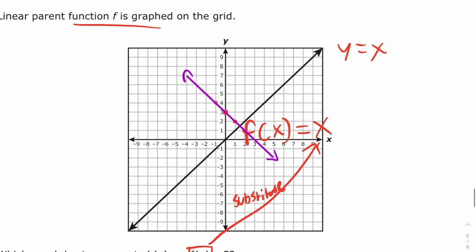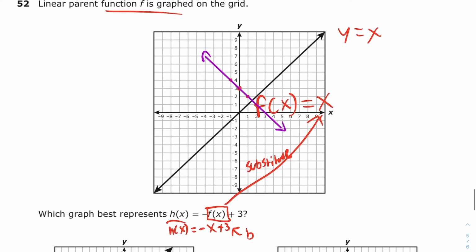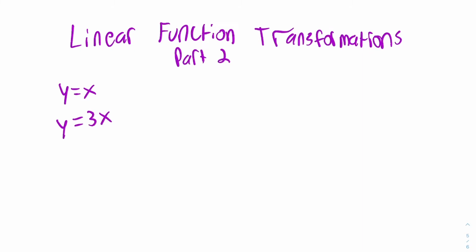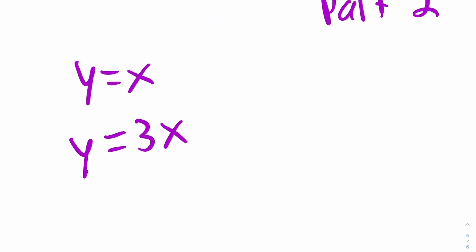Now let's talk about what exactly I did and how you can do the same thing. We're on the second day of linear function transformations. That R is a little bit weird, but sometimes being weird is okay. The most basic graph you can have is y equals x. If you ever have a graph that has y equals 3x, what's the difference between these two things?